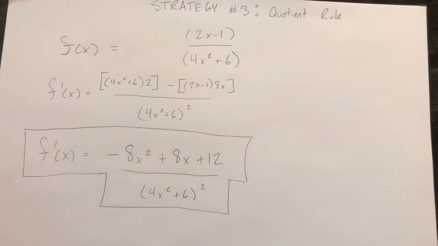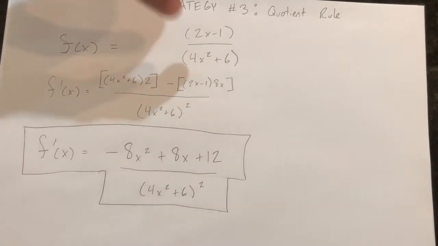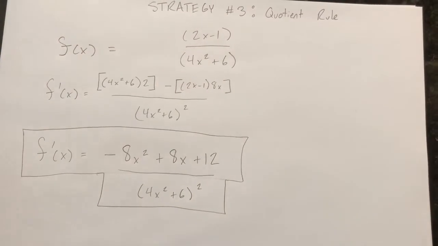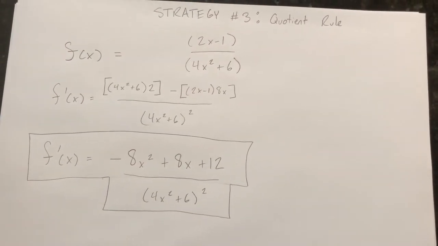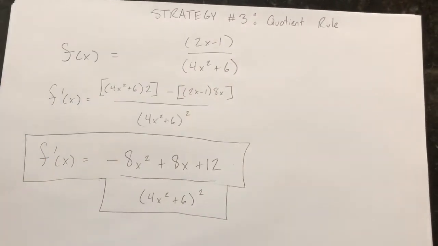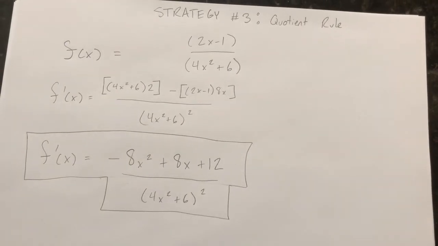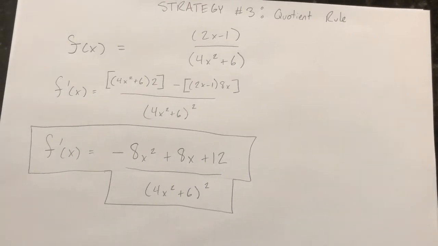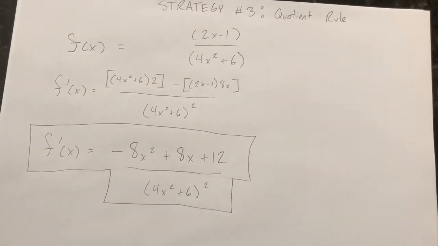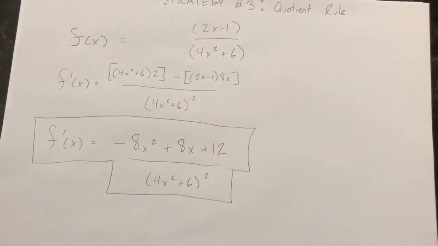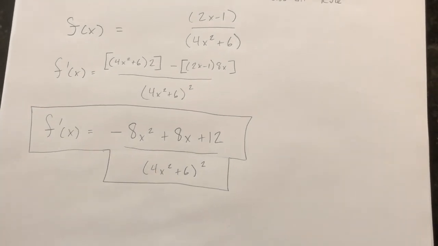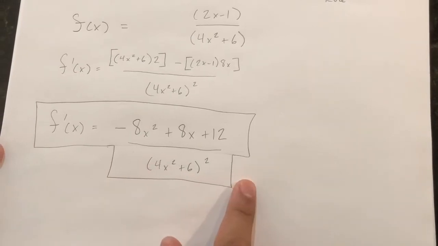Then we subtract it from the original high function, 2x minus 1, multiplied by the derivative of the low function, 8x. Now, that is all divided by the low function squared, ho squared, as explained earlier. This all gives you the derivative, which is this all right here.